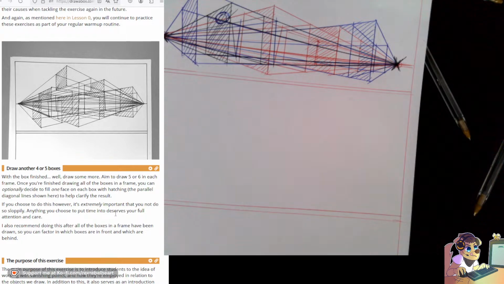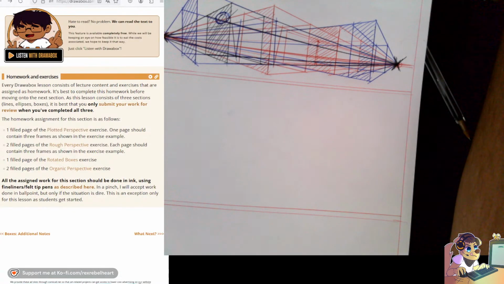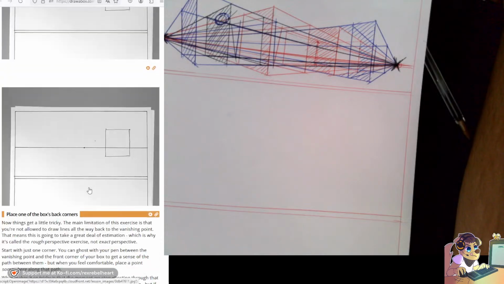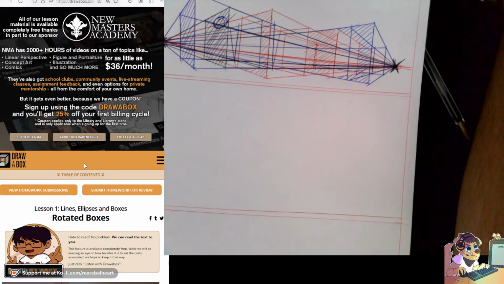Okay, so just to kind of look, I'm always looking ahead, you know what I mean? What are the other homeworks I got? So I got 2 pages of this coming up.